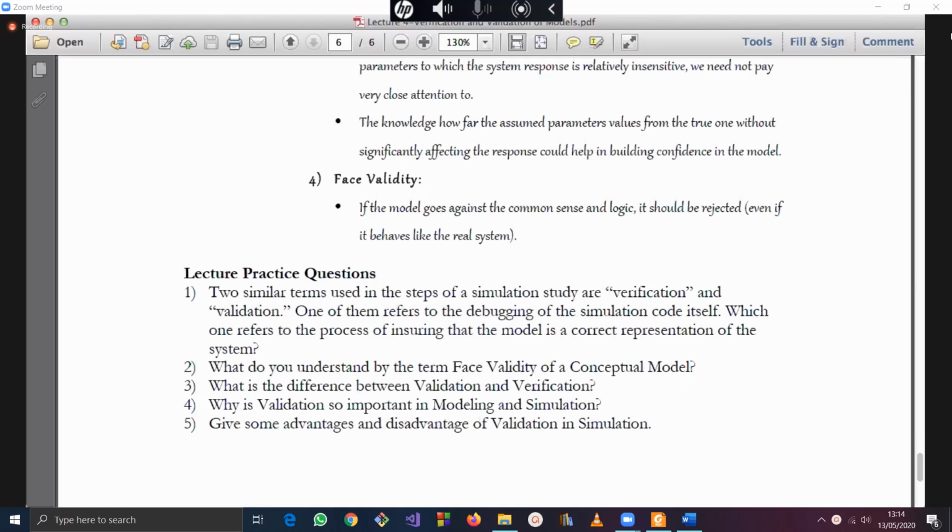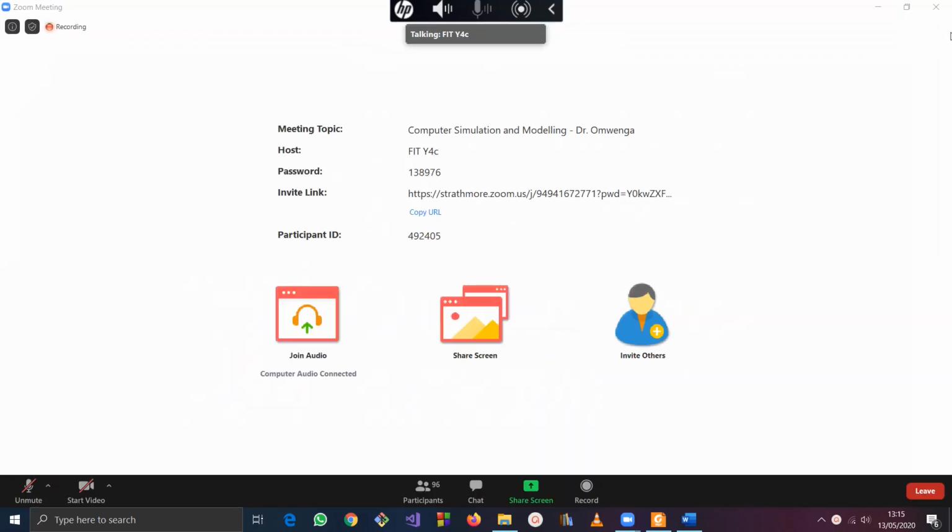Unless there's any clarification from your side, I will then introduce something new, which will take about 20 minutes before we take another break, and potentially we can break for the day, because I think our objectives have been met.